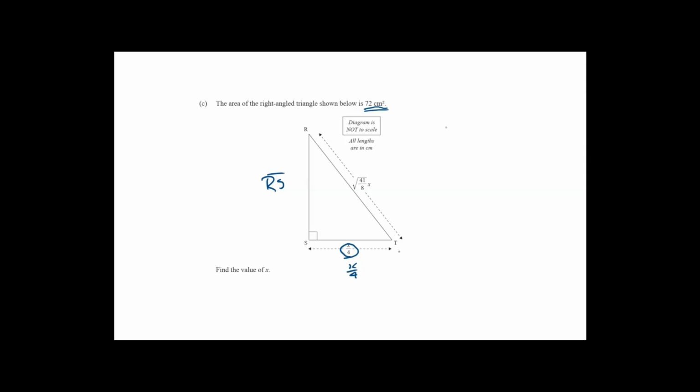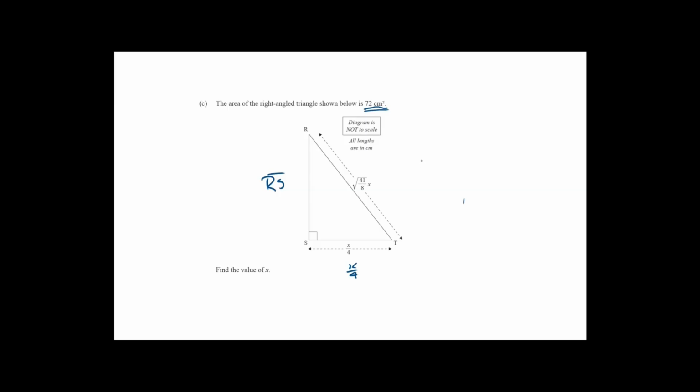So let's do that first. What we want to do is have all of these sides in terms of x. These two sides here are already in terms of x. So we want RS in terms of x. So let's use the 72 centimeters bit first to put RS in terms of x.